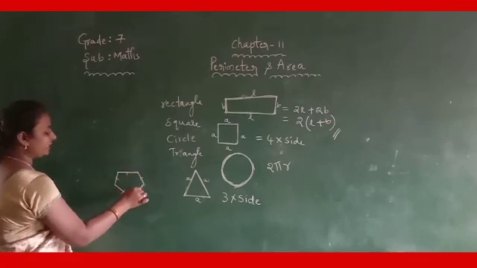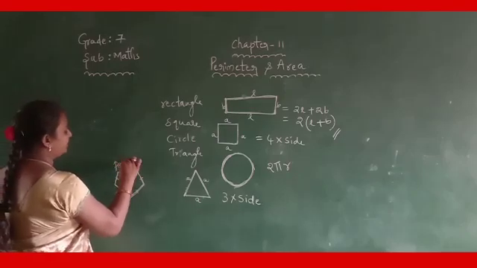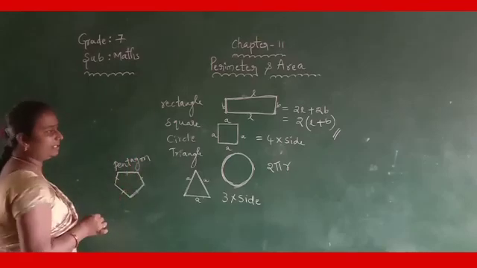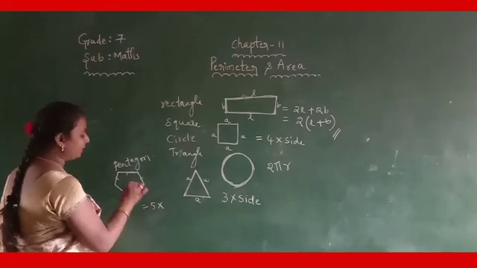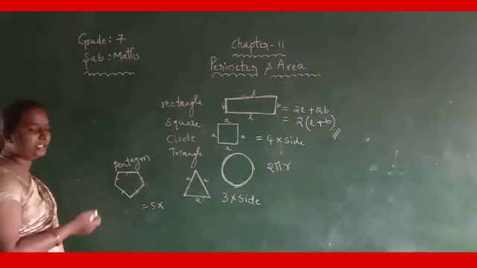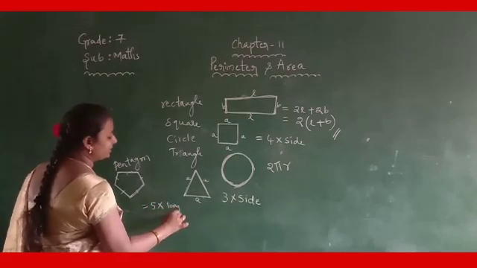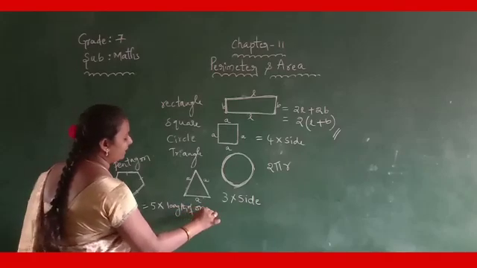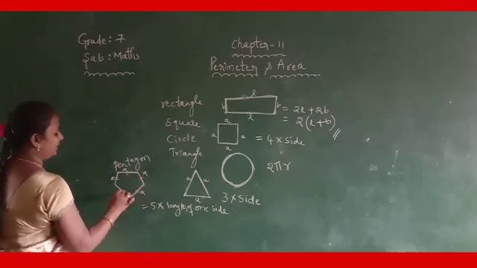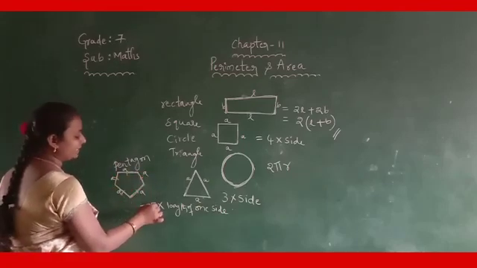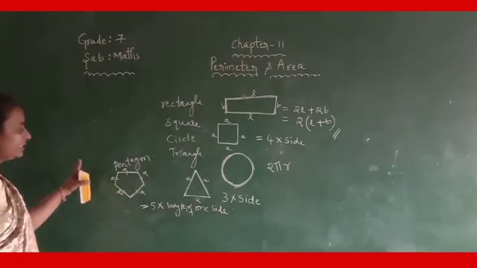If any figure has 5 sides, we call it a pentagon. So the perimeter of a regular pentagon having 5 sides is 5 into the length of one side. If each side is A, then the perimeter is 5 into the length of one side.